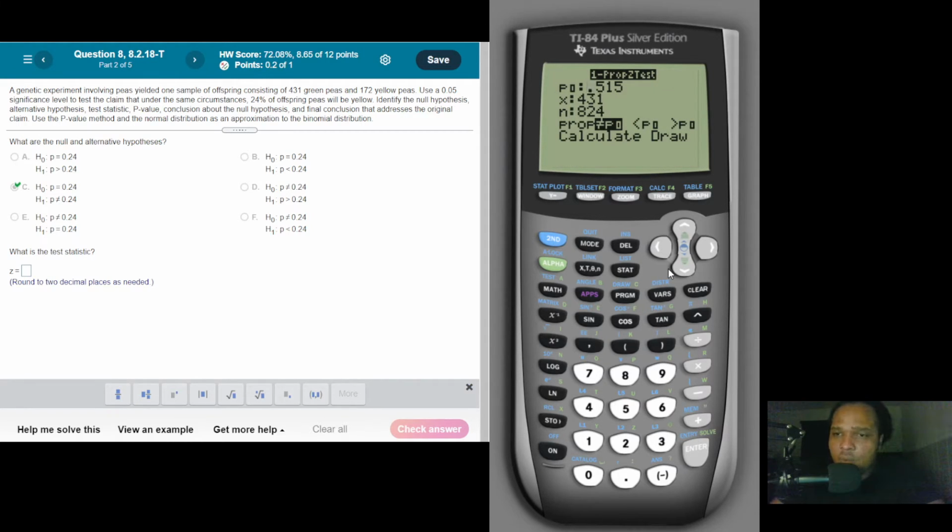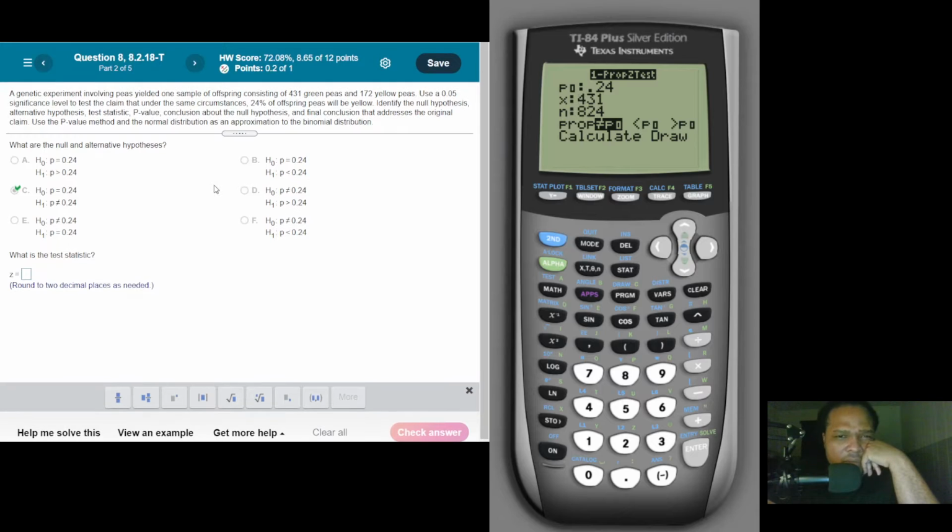Our claim number is going to be 0.24. What is our X? What are we testing the claim on? We're testing the claim of the yellow peas only. So be very careful. Your X is going to be the number of yellow peas because that's what we're testing. The claim is based on yellow. So your X has to be the yellow. So that's going to be 172.